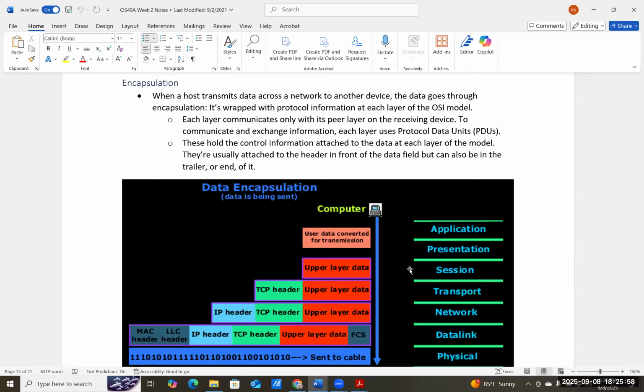But in the background, your data is encapsulated. It's going to add in your TCP header so that your data is reliable and gets from point A to point B. Now it routes through the mobile network, and eventually it gets to their network, and then it decapsulates and is converted back.